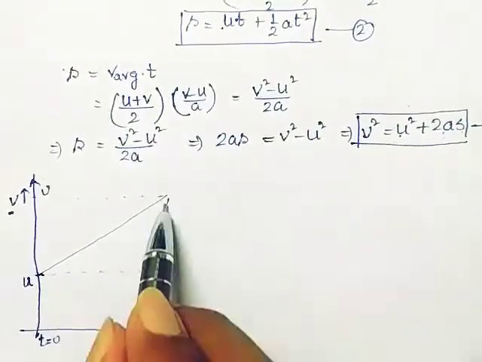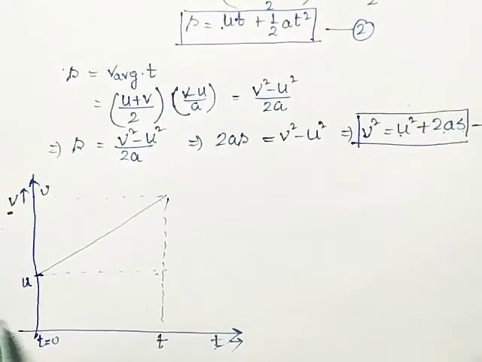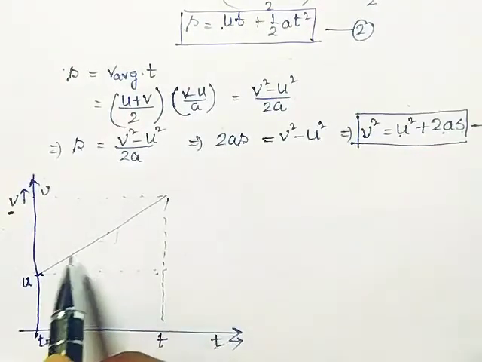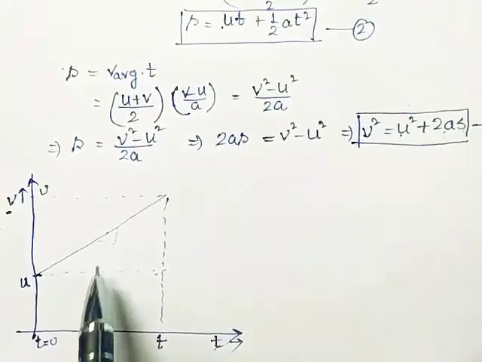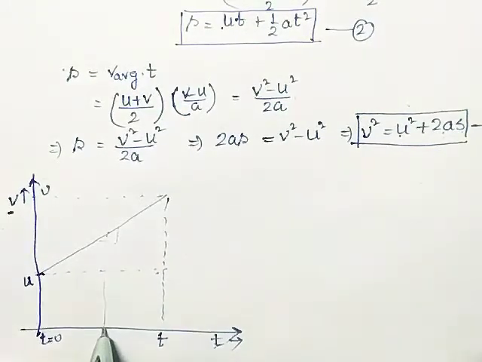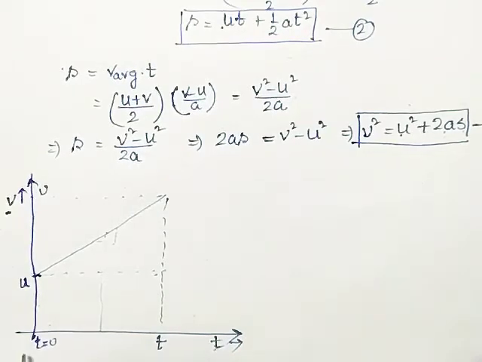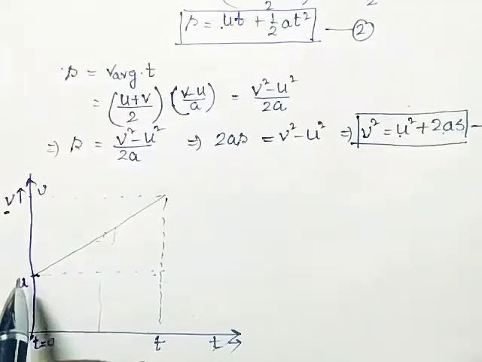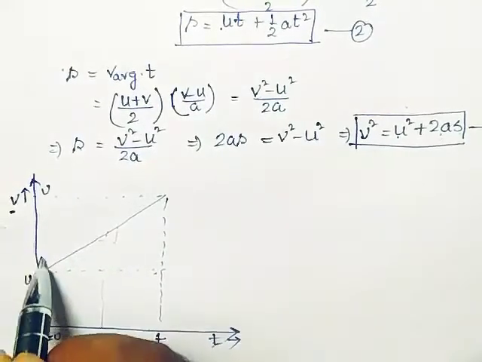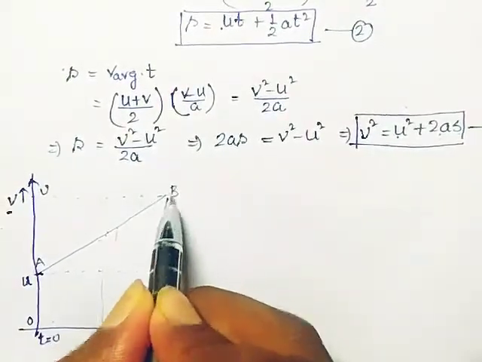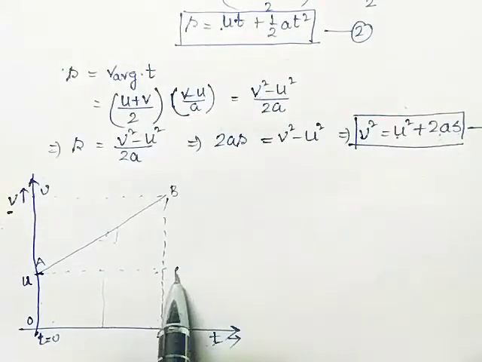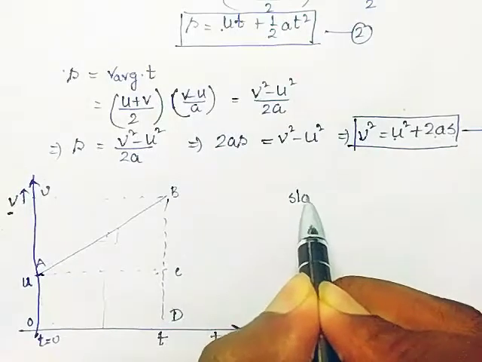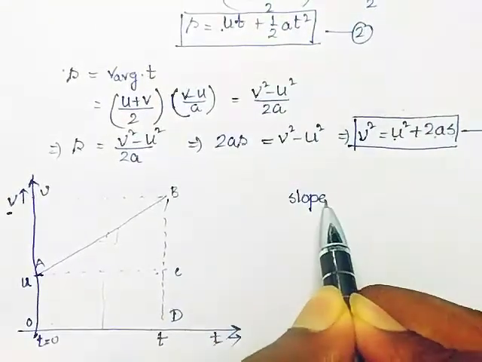That's why I am taking this big triangle, but I can also take any small triangle at any particular point, but at that time I will get the value at that instant, not for the total time interval. So I just name the points O, A, B, C, D. Now I am calculating the slope here.